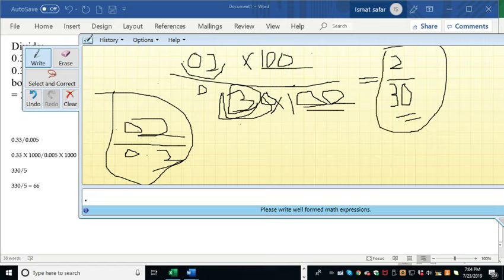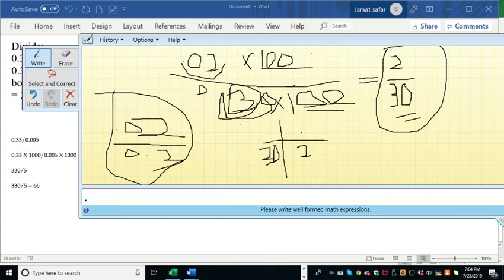But we still don't know what 0.02 divided by 0.3 is, so we divide that. Now pay attention, this is a little bit tricky. 2 divided by 30.